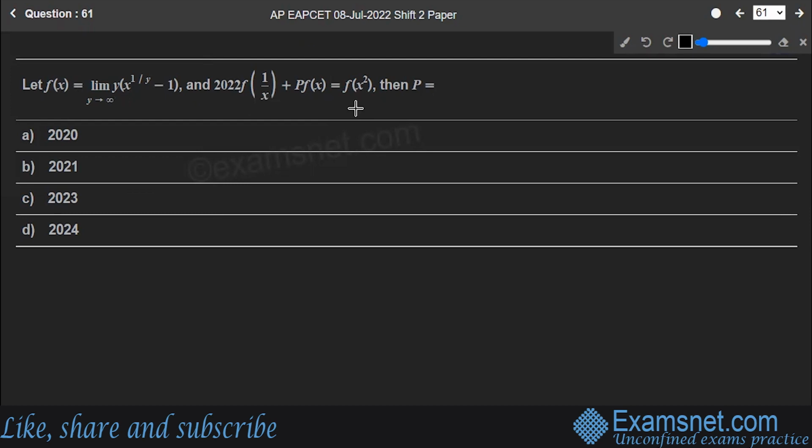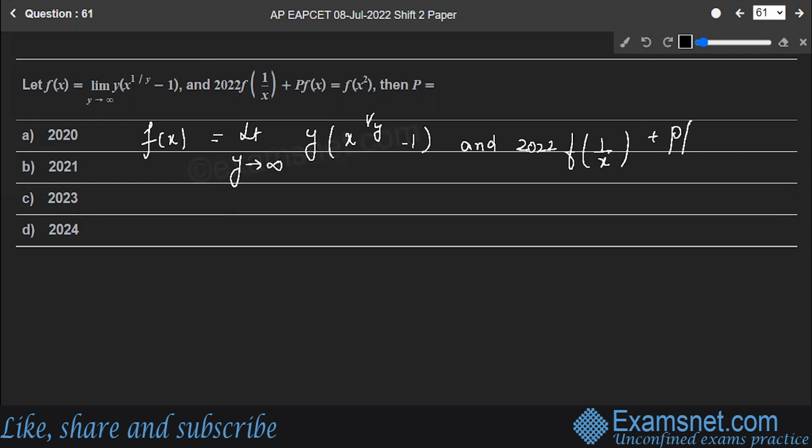You are given that f(x) is equal to limit y approaching infinity of y times (x raised to power 1 upon y minus 1), and 2022 f(1 by x) plus p f(x) is equal to f(x) squared, right?